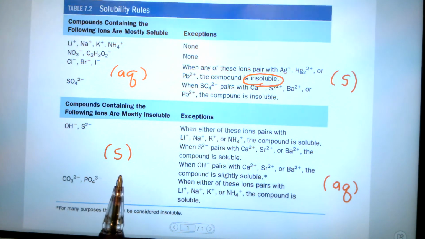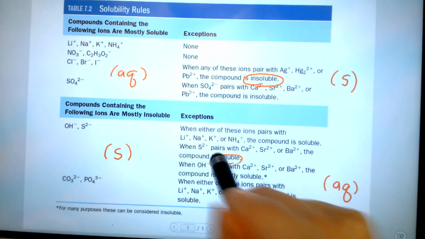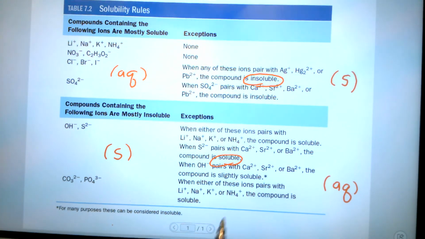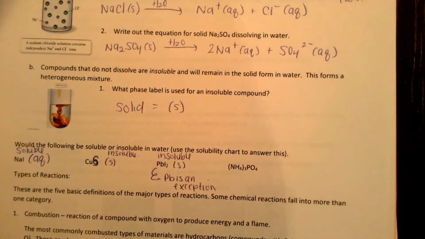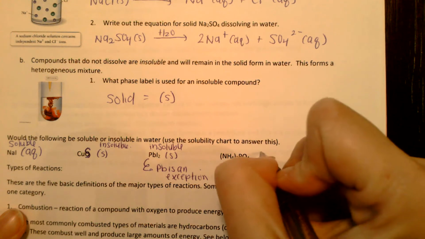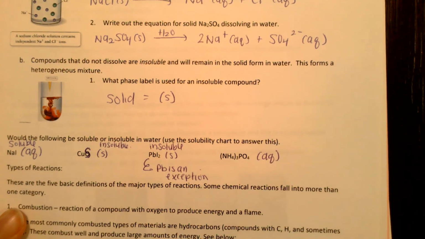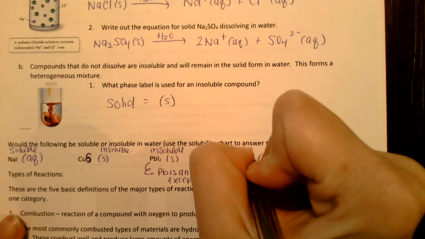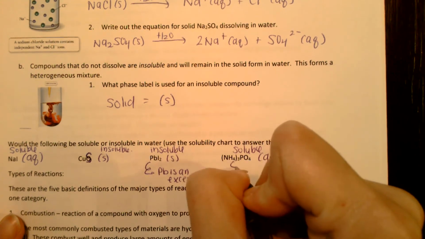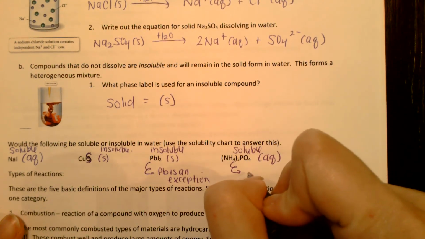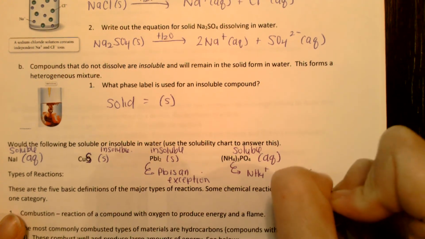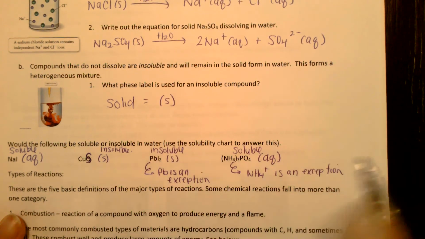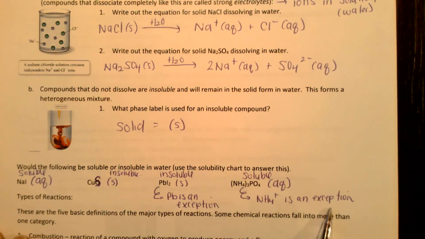These tend to be insoluble. Your exceptions make it soluble. Okay, so your exceptions on this side make it soluble. Okay, so we had ammonium was an exception. So we're going to have a soluble product there. Okay, so this one would be aqueous. And this would be soluble. And we saw in our solubility rules that ammonium, NH4 plus, is an exception.